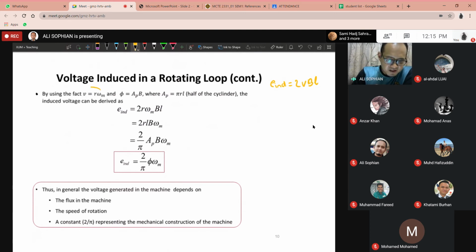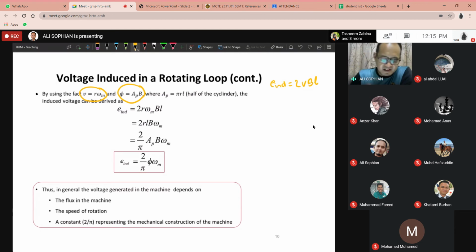We know this: V is equal to R times omega, where omega is the angular velocity of the rotor. And we also know this: flux is the multiplication of the magnetic flux density and the surface area.